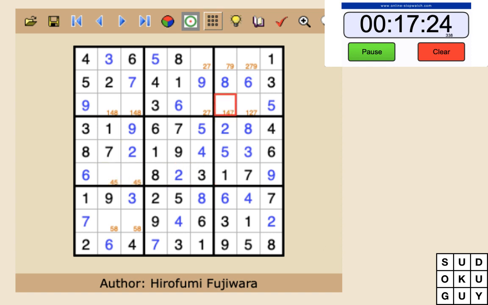Only number left in the box. This has to be a 4 now. These can't be 4s, which is good because we did fill in a 4 in that 3x3 box. Okay, yeah, we're just finishing now. That's all that's happening.